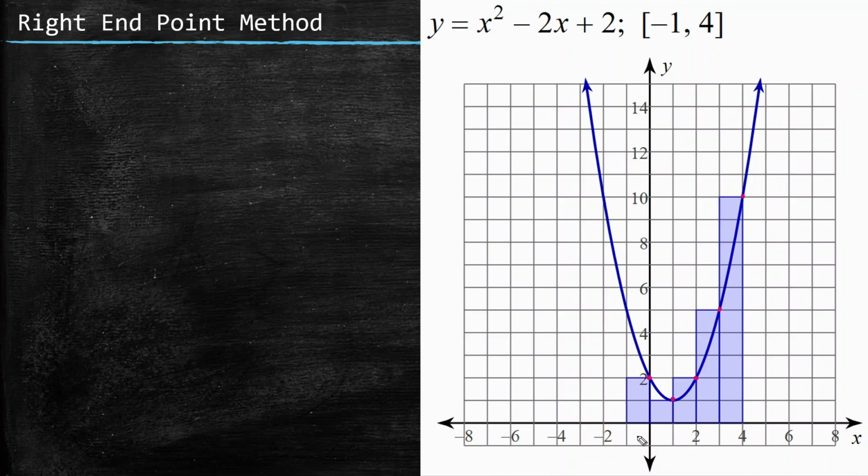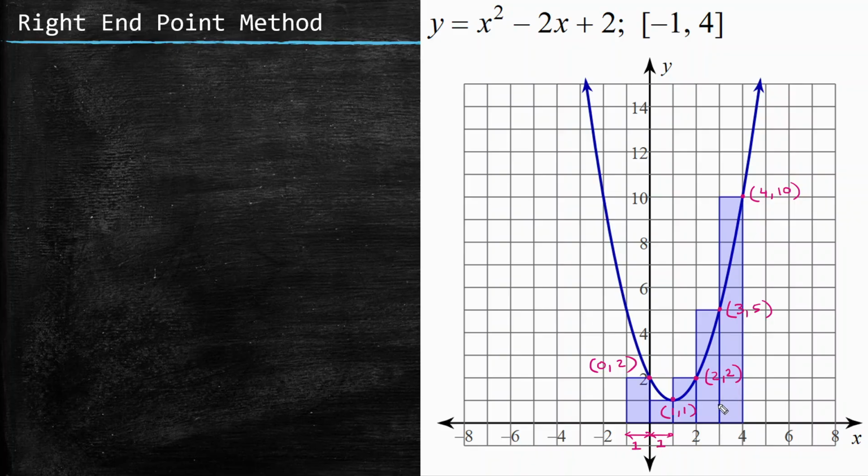So as per the graph, the coordinates of the endpoints will be, and the gap between the strip width is 1.